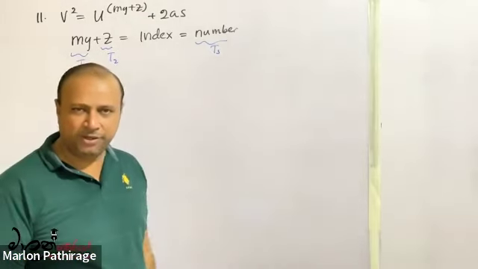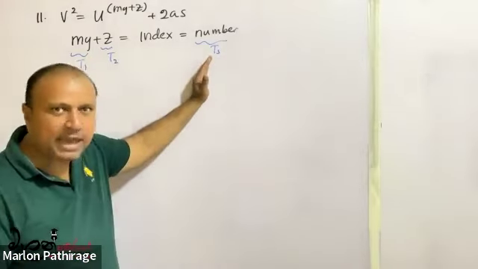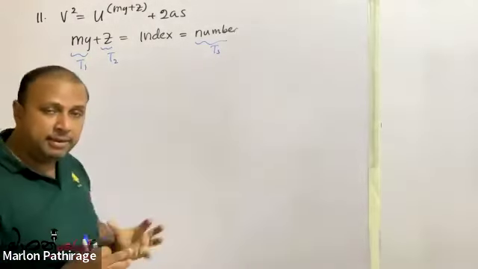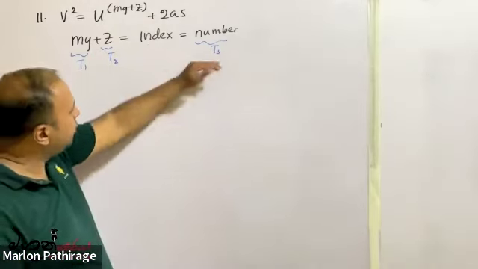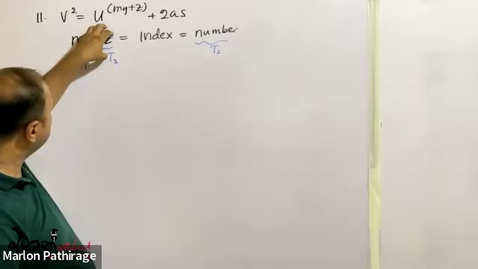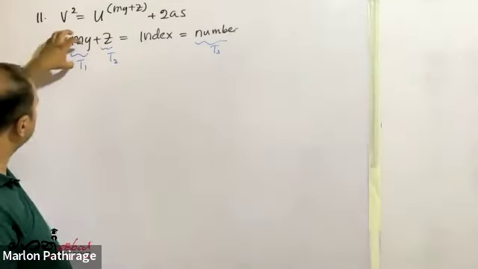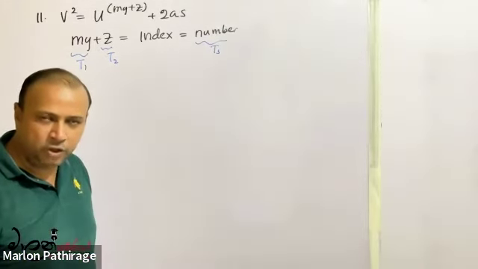Did you get my argument? All the terms in an equation should have same dimension. That means they should be same physical quantities. Now you know this is a number, therefore this part also a number. Is that clear? Did you get my argument?